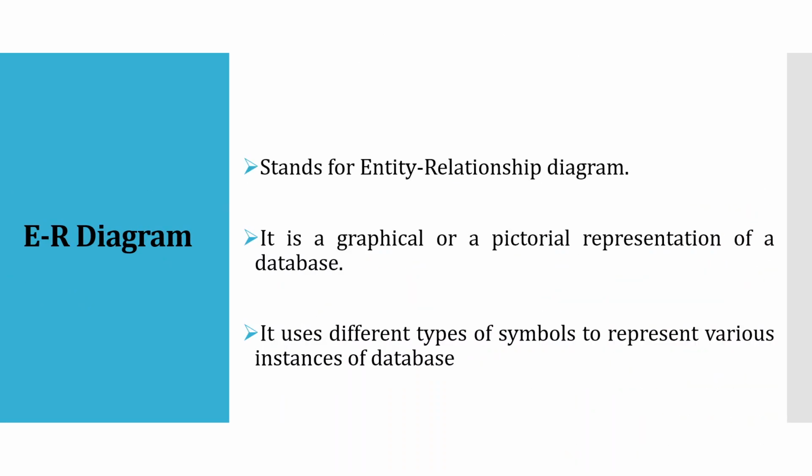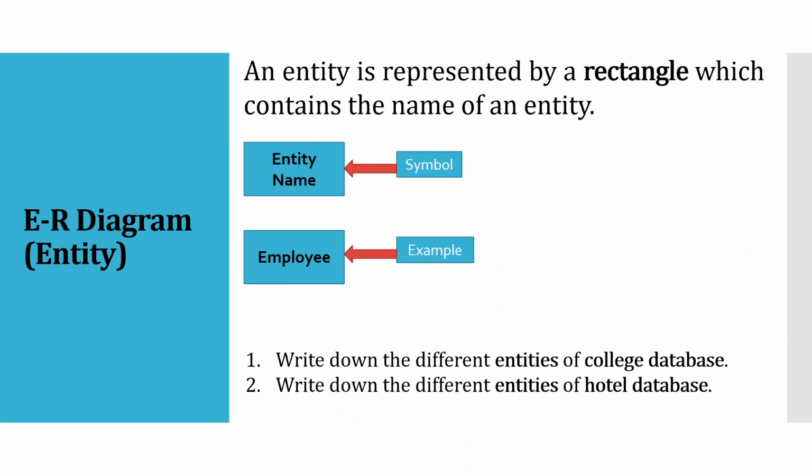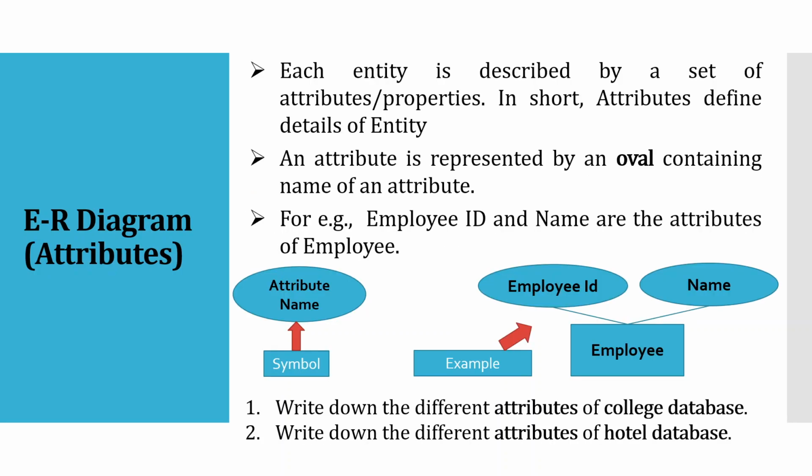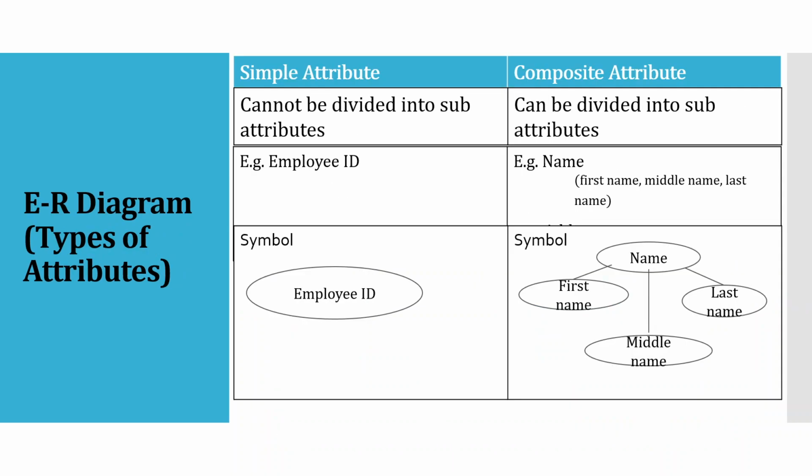And we started with ER diagram where entity is an object symbolized by a rectangle shape and a group of similar entities, that means similar properties but different values, is known as entity set. And then we have the attributes. Attributes means the properties of the entities like name, first name, middle name, anything. So it is symbolized by an oval or an ellipse, right? So let's continue from here, the types of attributes.